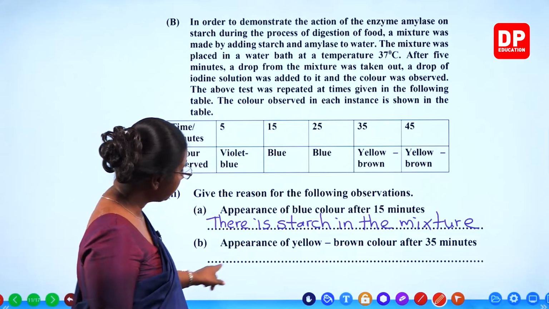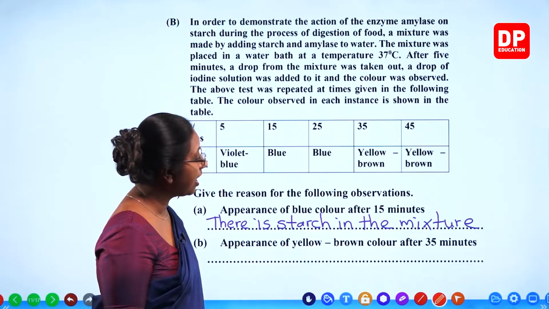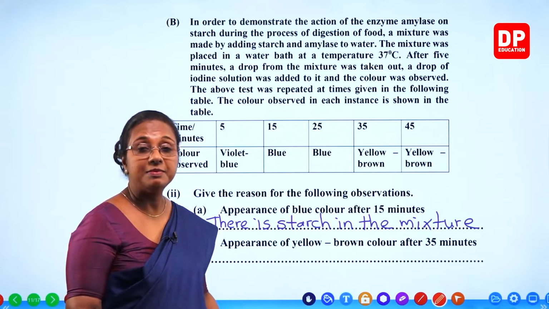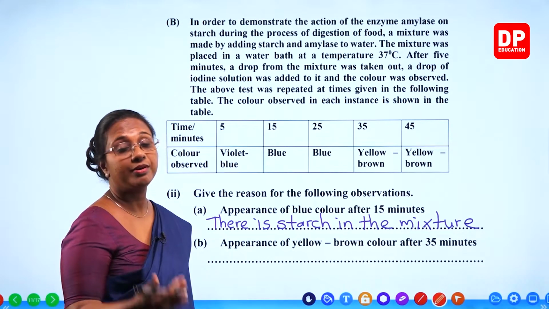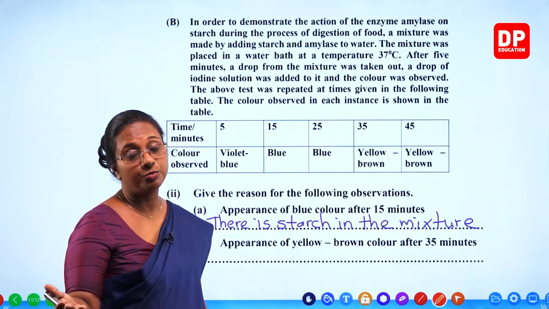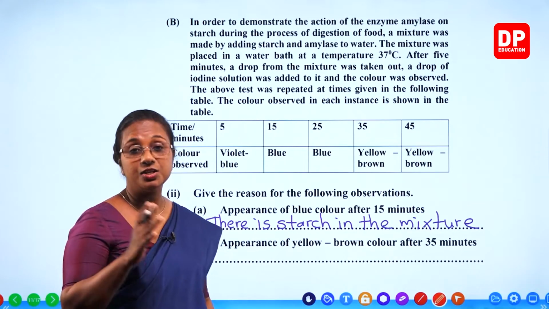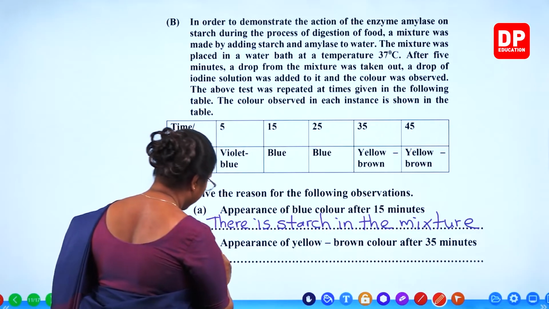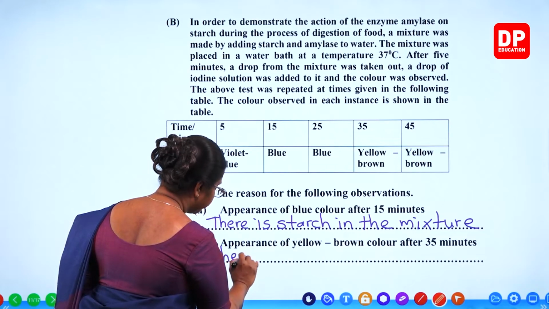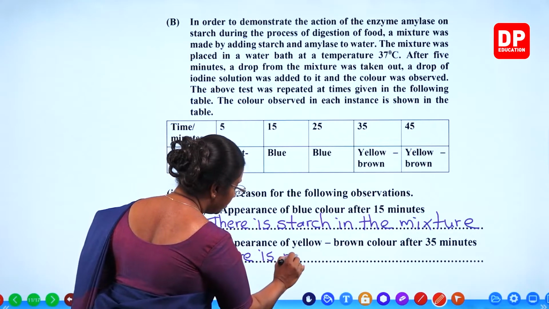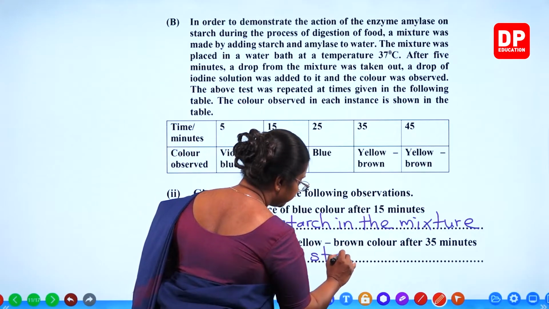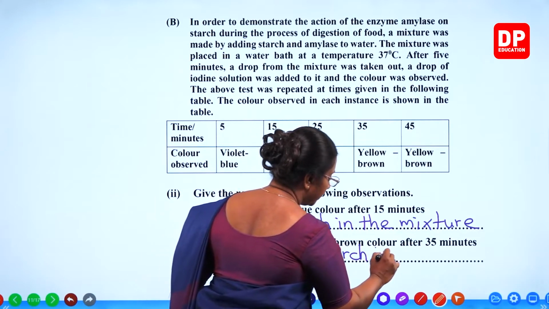Then B part, appearance of yellow-brown color after 35 minutes. That means there is no starch, or you can see starch has been converted to maltose. You can just say there is no starch. That is more than enough. There is no starch in the mixture.